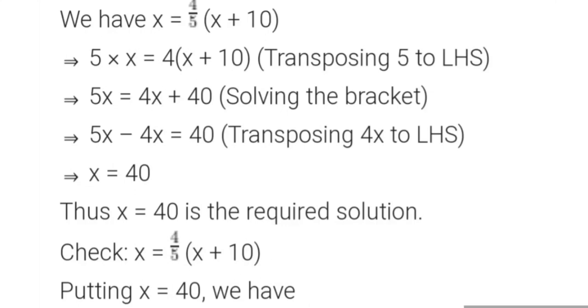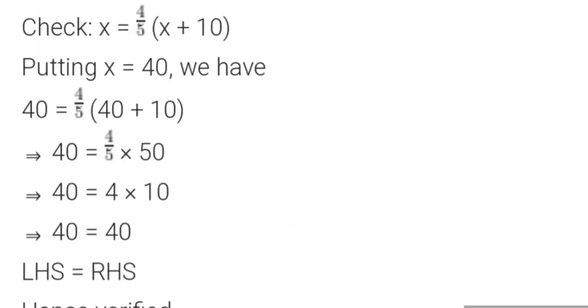Now see the check also. Means here, the value of x we will write 40. So see the left side. This is given x only. So x is equal to 40. Now right hand side, 4 upon 5 in bracket, in place of x 40 will come.